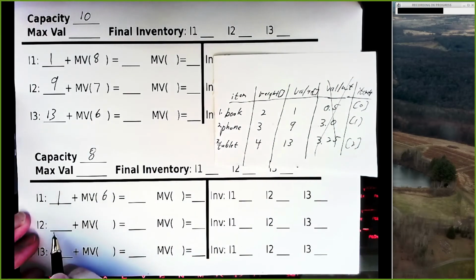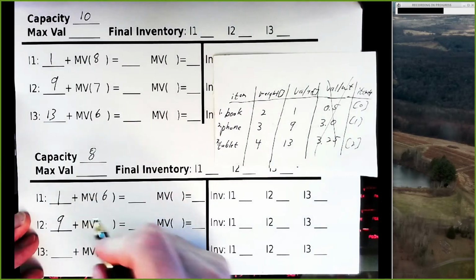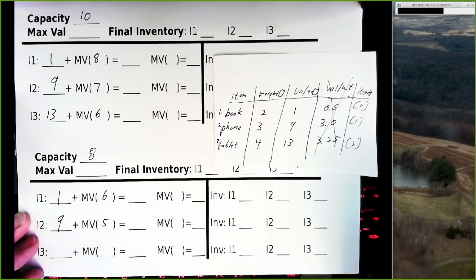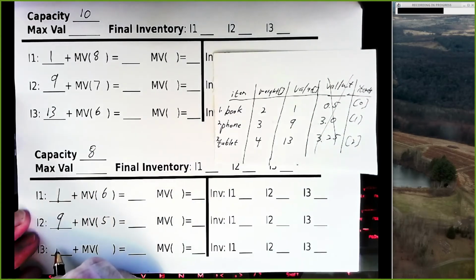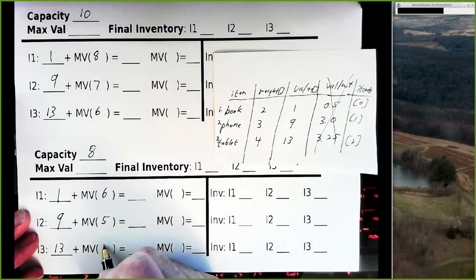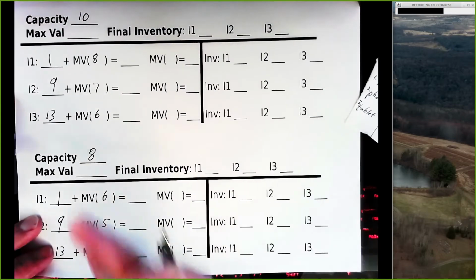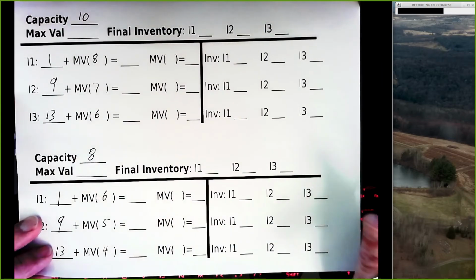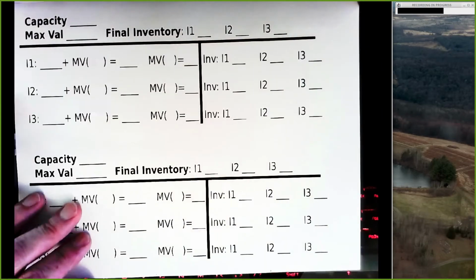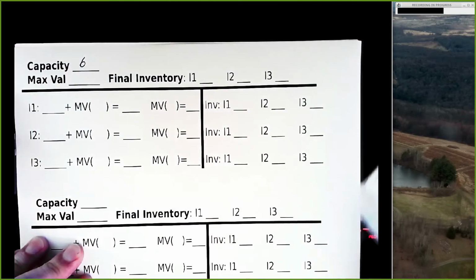If we start with item 2, which has a value of 9 and weighs 3 pounds, our capacity of 8 goes down to 5. And if we start with a tablet worth $13 that weighs 4 pounds, our capacity of 8 goes down to 4. Now I have to find maxval of 6, so let's make another call to maxval with an argument of 6.